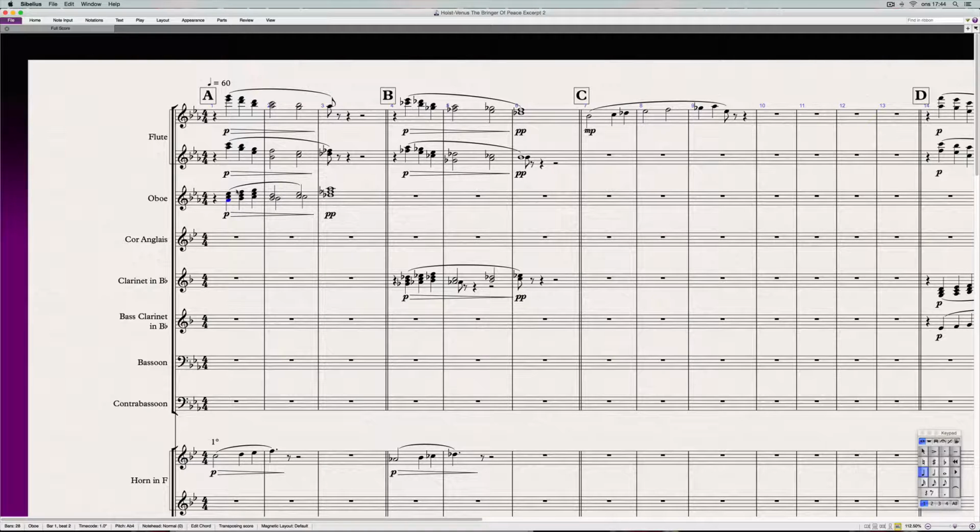You see you have these triads that move up, while in the flute we have a 4-note chord moving down, and as you can see here, you only got 2 notes to play here, but it's a 4-note chord.